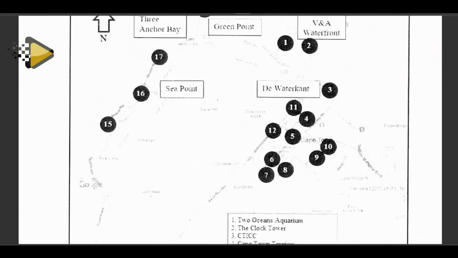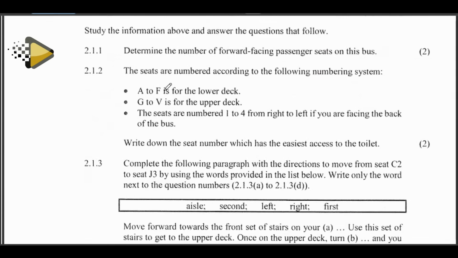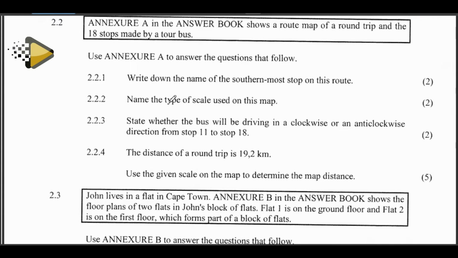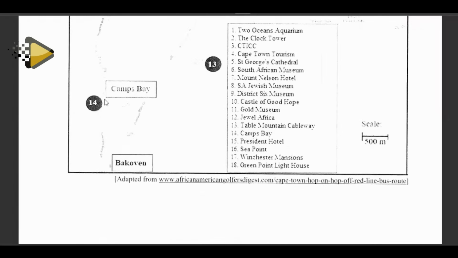2.2.2, you look at the next one. It wants us to write down the name of the southernmost stop on the route. You look at it, we have Camps Bay and Bakoven.